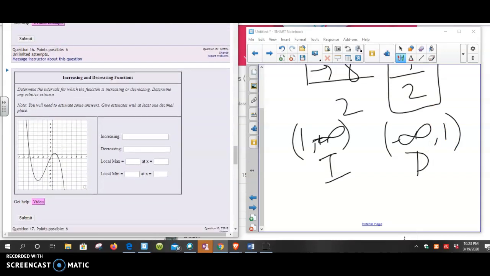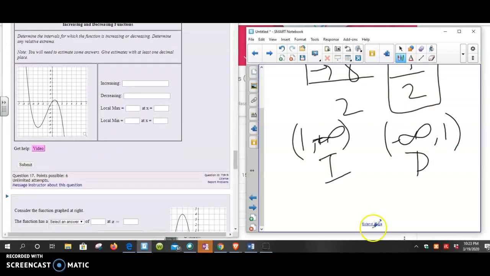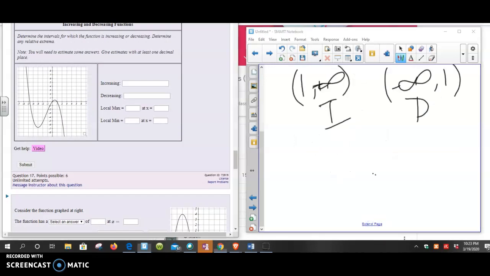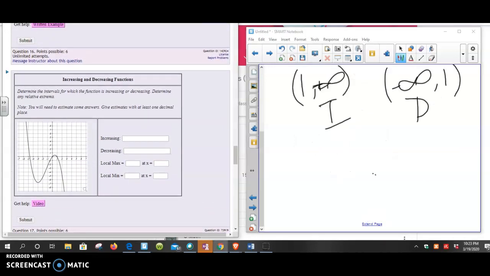Looking at, what is this, 17 now? So in 17, increasing, so you could have more than one interval. It's increasing from right here, -3, up until, looks like, 0, like 1/2 maybe?